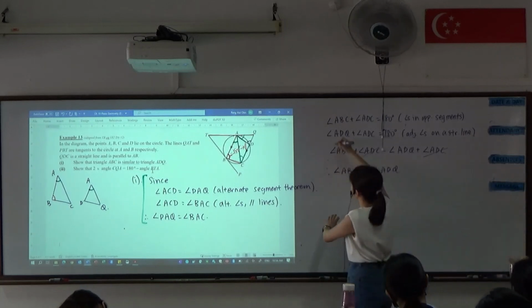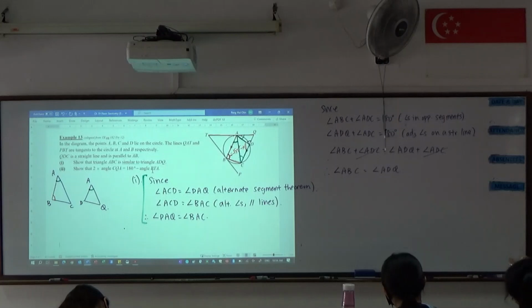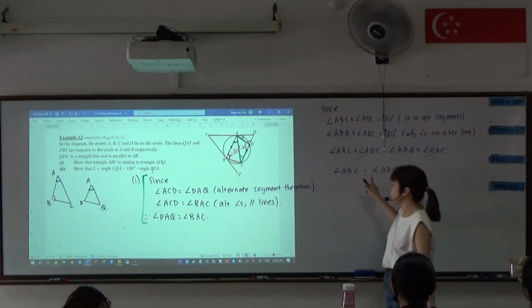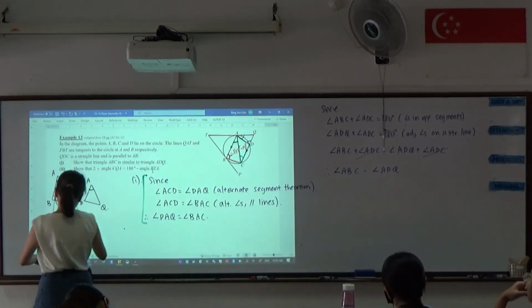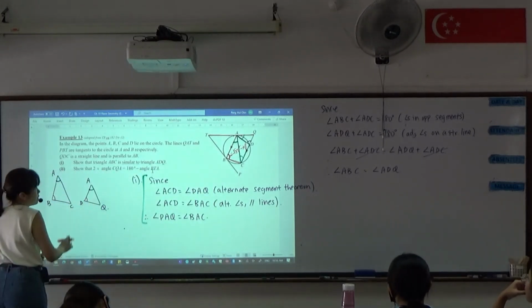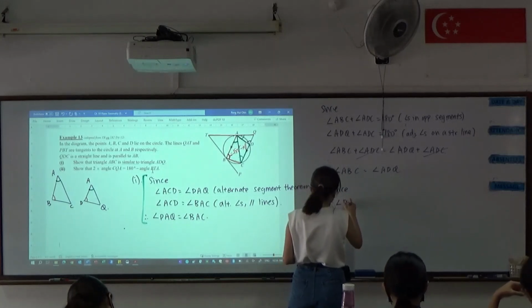So I'm going to backtrack and write down the word since at the top. So we have proven the two angles being corresponding and equal. So I'll just write down properly again.